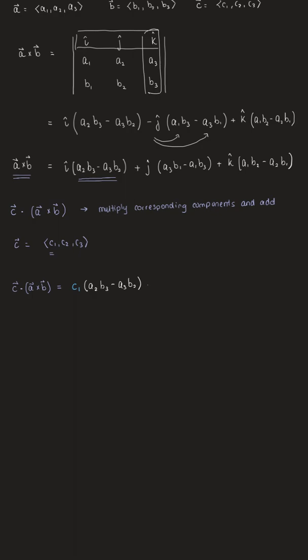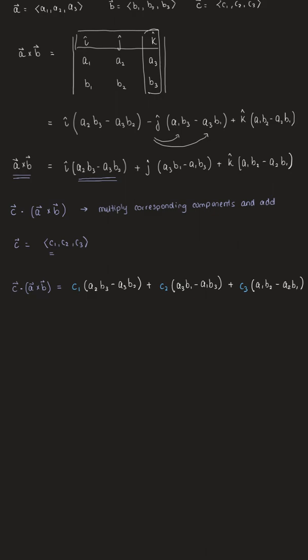Now we're going to do plus C2, and that's going to multiply the second component of A cross B, A3B1 minus A1B3. And finally, the third component of C is C3, and that's going to multiply the third component of A cross B, so A1B2 minus A2B1.